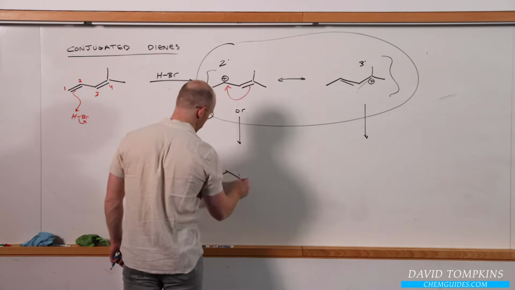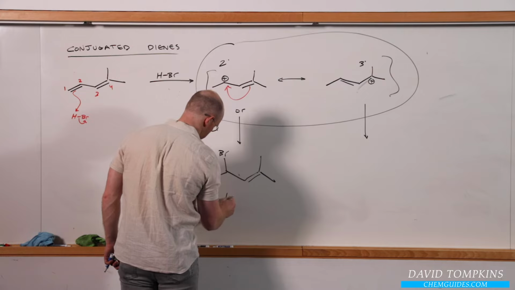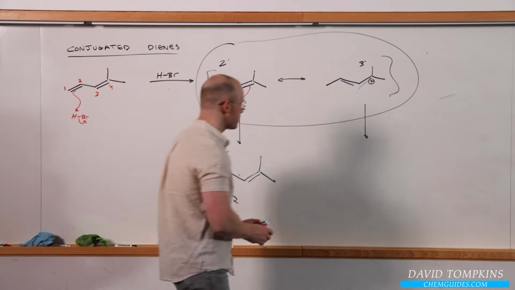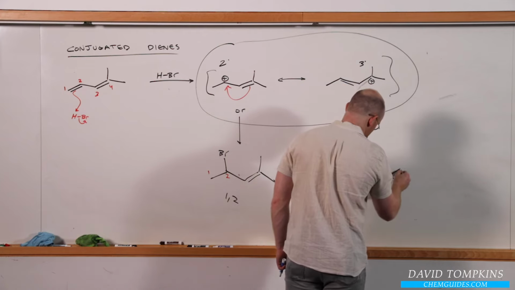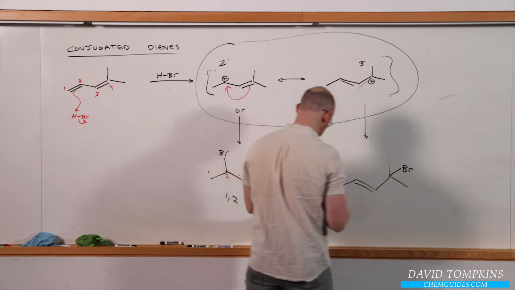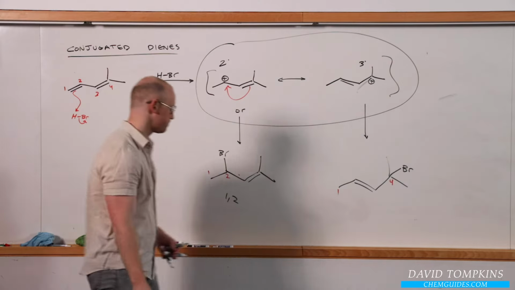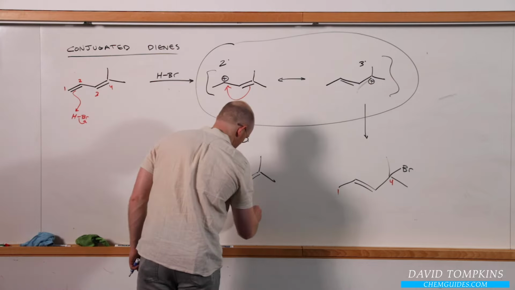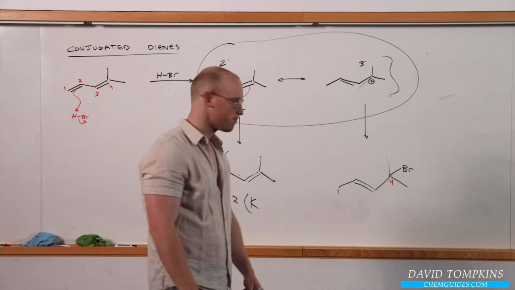So trapping with bromide gives this 1,2 product where the hydrogen has added to carbon 1 and bromide trapped carbon 2, whereas after you draw the resonance structure, the bromide and new hydrogen are at positions 1 and 4. And we know that this is kinetic because 1,2 is always faster from the proximity effect.